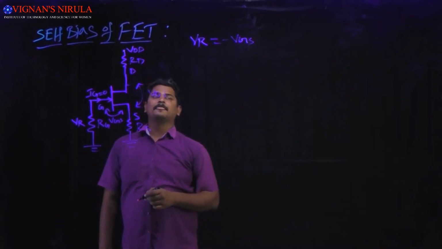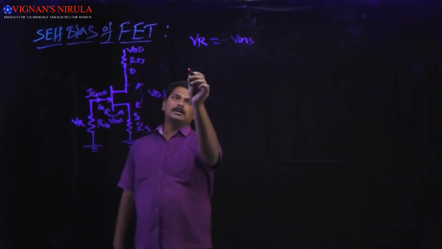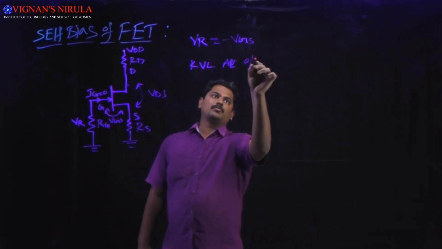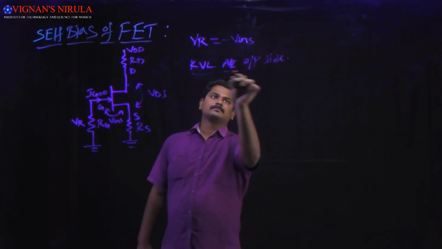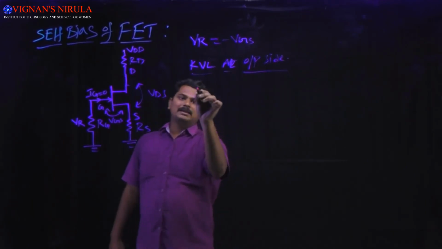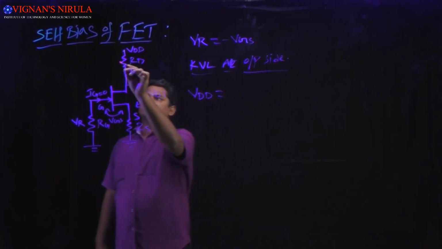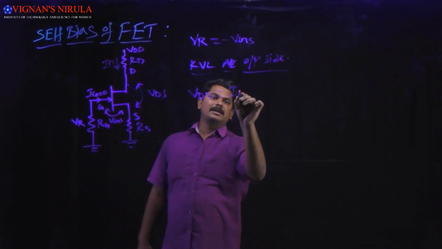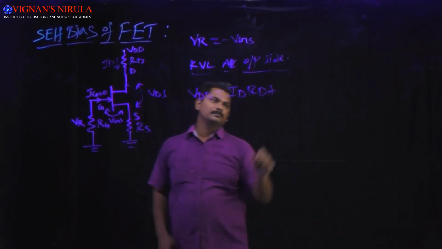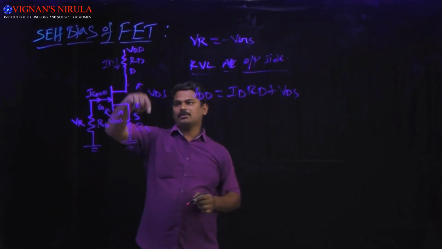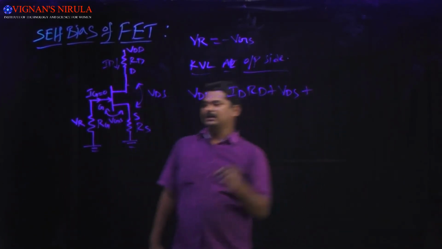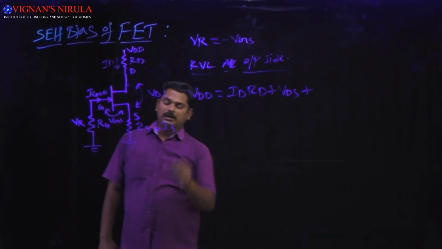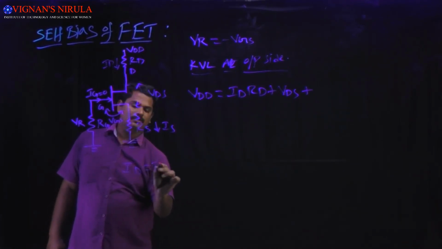Now when we apply the Kirchhoff voltage law at the output side, we will get that the applied voltage VDD is equal to the current ID in this resistor, ID into RD, plus the voltage drop across the drain and source terminals, plus the drop across RS with current IS, and we know that ID is equal to IS.